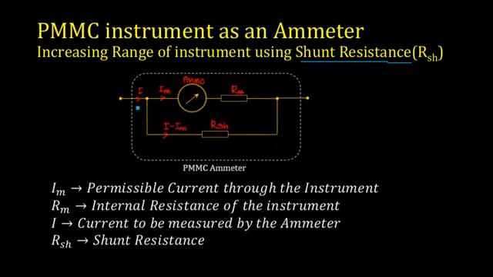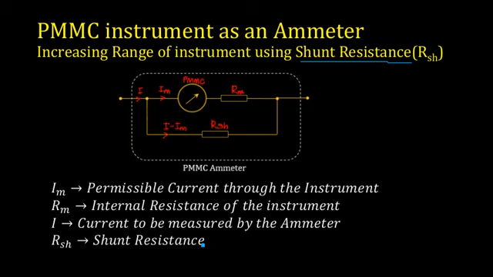Once I is the current that is to be measured by the ammeter and is applied, IM will be flowing through the instrument, and the rest of the current, that is I minus IM, will be flowing through the shunt, so that only say 20 milliampere will be flowing through the meter, and the rest of the current will be flowing through the shunt, so that your meter will not be damaged, and also you are able to measure the current.